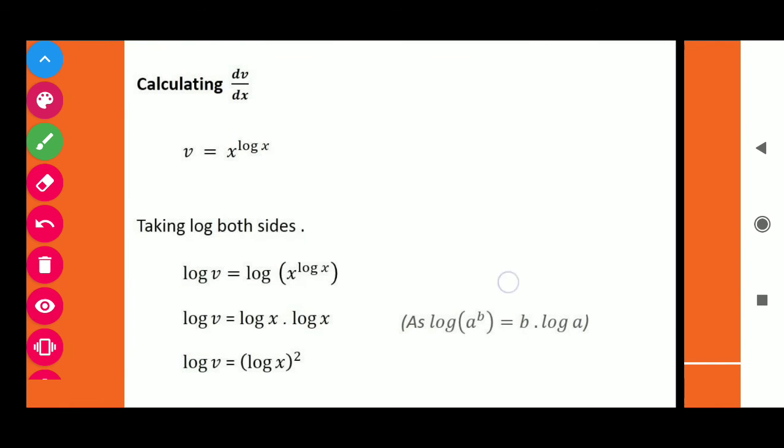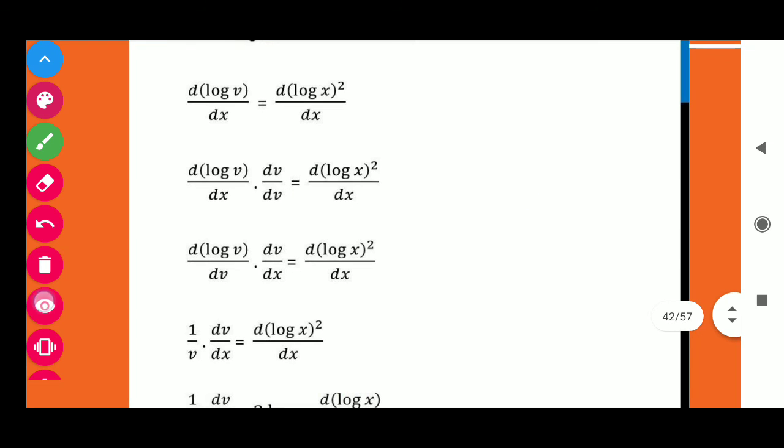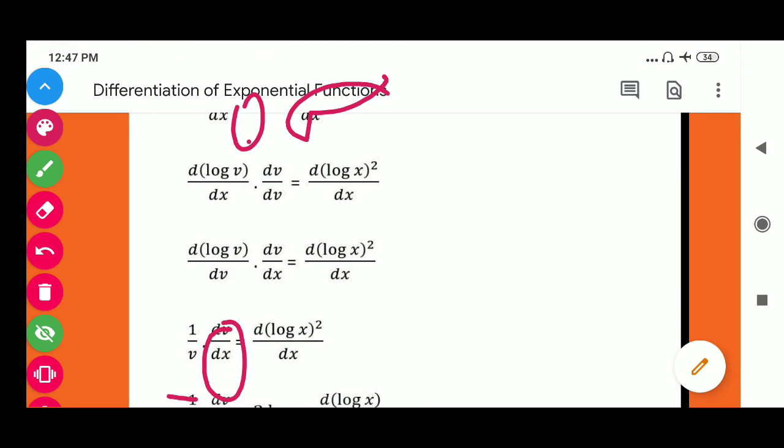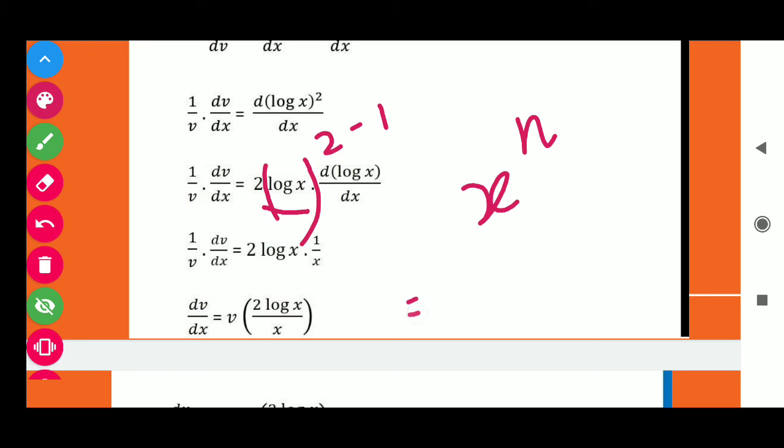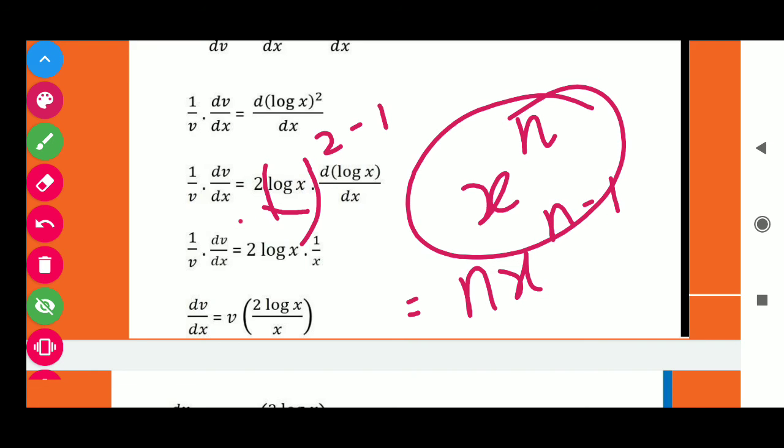Now derivative of log v is 1 over v, and derivative of v is dv over dx, and here the derivative of log x squared, you can see, is 2 log x and deduct 1 from the power. Students, this is the power rule: when we write x raised to power n, its derivative is n x raised to power n minus 1. By using this result we will write 2 log x raised to power 2 minus 1, and now the derivative of log x is 1 over x and the derivative of x is 1.